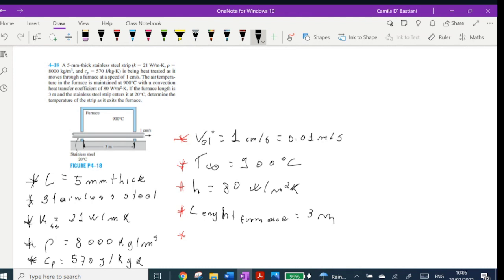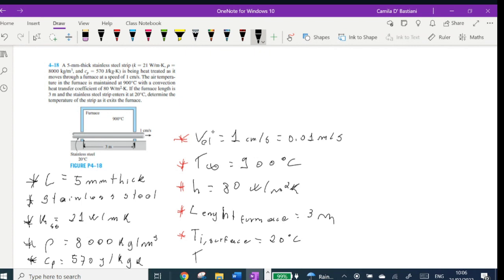So from here to here I have 3 meters. And stainless steel enters at 20 degrees Celsius, so the initial temperature of my surface is 20 degrees Celsius. I want to know what's the temperature of the stainless steel as it leaves the furnace, okay?